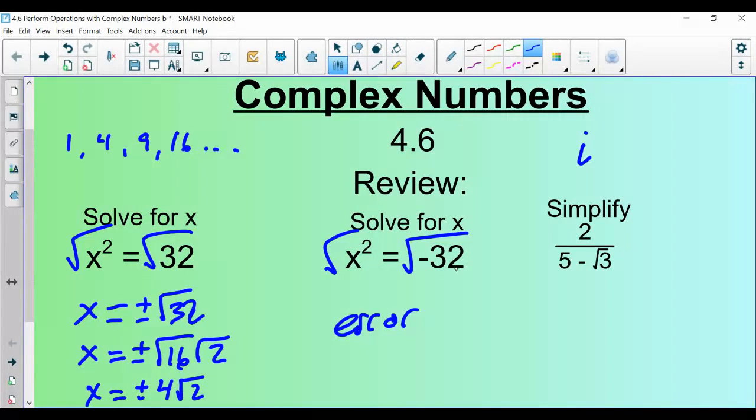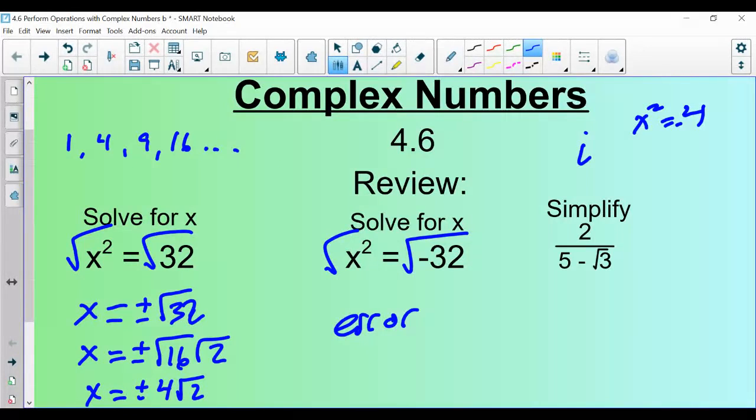The reason for that, I'm not going to use the number 32. I'm going to use x squared is equal to negative 4, okay? There is no number that when multiplied by itself, it equals negative 4. At least no number that you know of yet. The things that would get us close are 2 and negative 2. 2 times 2 is positive 4, right? And I want to get negative 4. What number times itself is negative 4? 2 times 2 gets us to 4, not negative 4. What about negative 2 times negative 2?